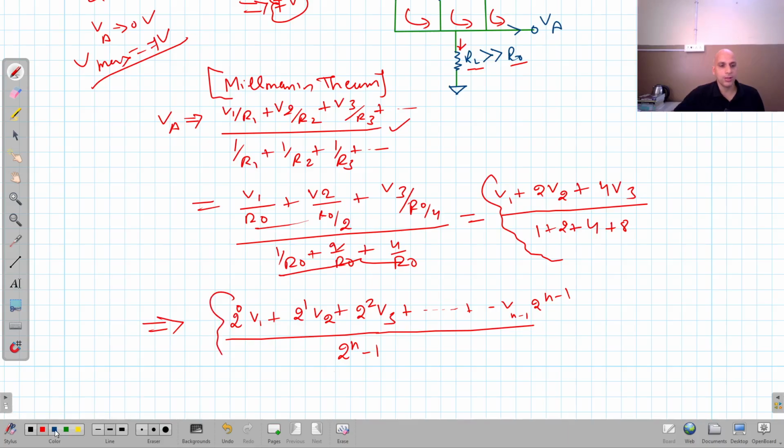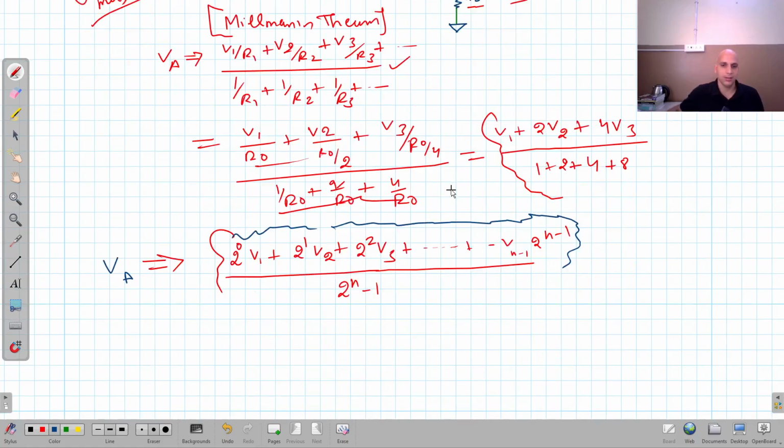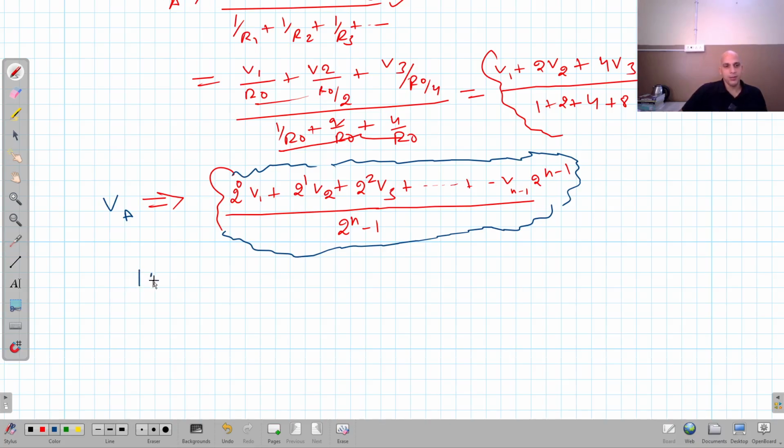So I can use this formula for calculating the analog voltage appearing at this node due to the corresponding digital signal appearing here. Let's take the case of a 3-bit digital signal, for example 101. Here 101 corresponds to the voltage with LSB 2 raised to power 0 into B1.